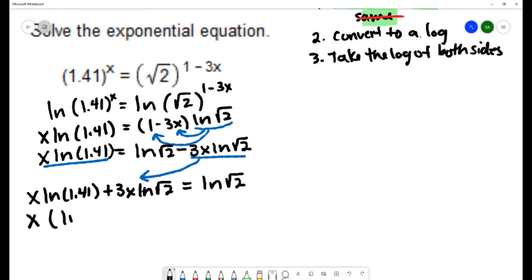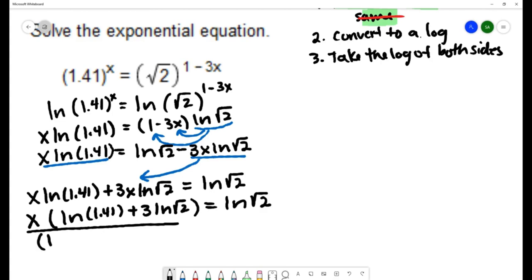And that will give x times natural log of 1.41 plus 3 natural log square root of 2 equals natural log square root of 2. Then I'm going to get x by itself by dividing by what's in the parentheses.